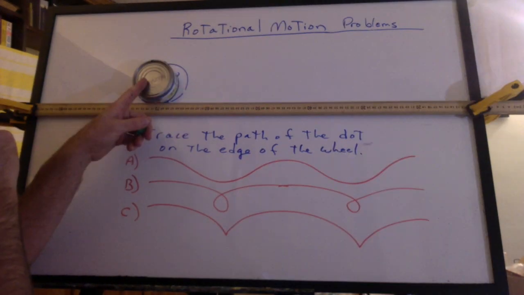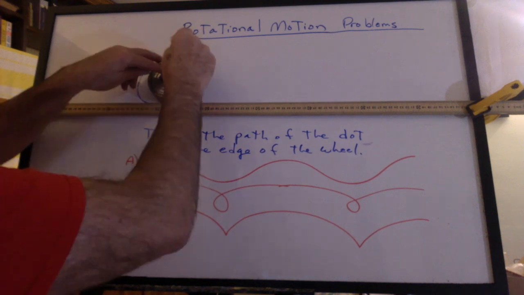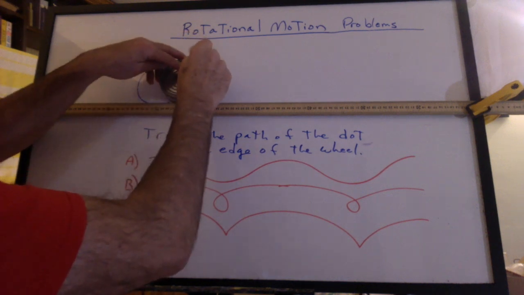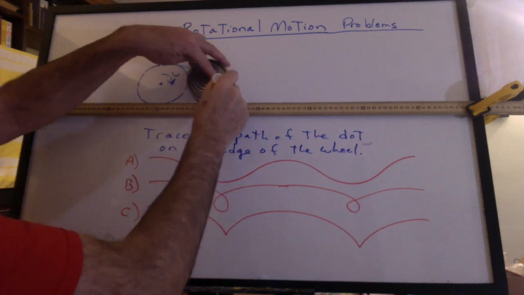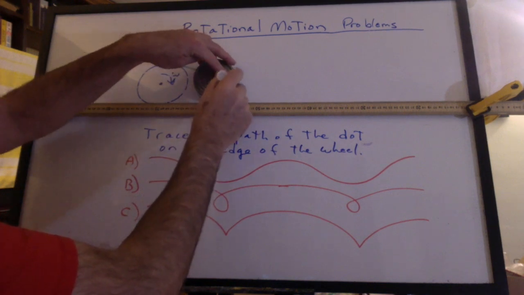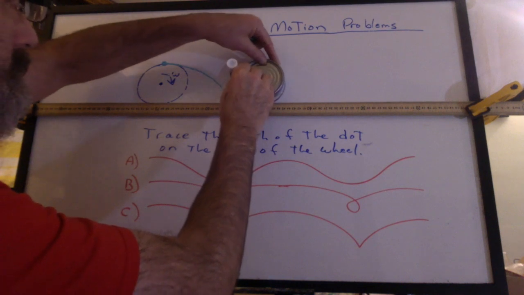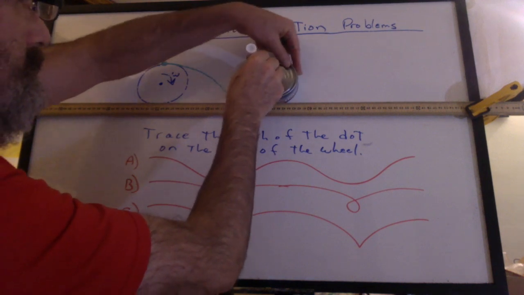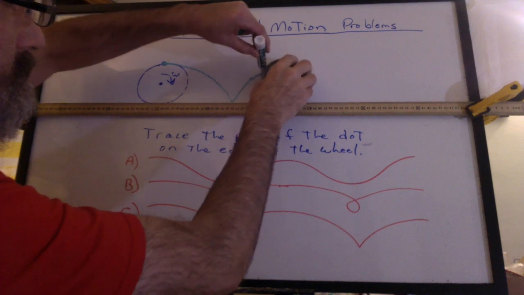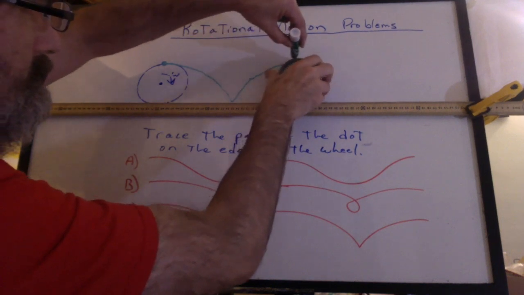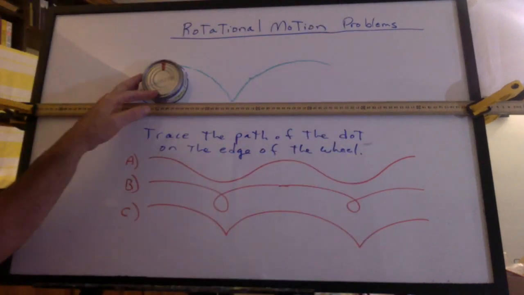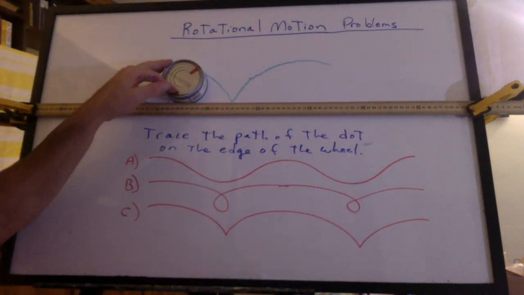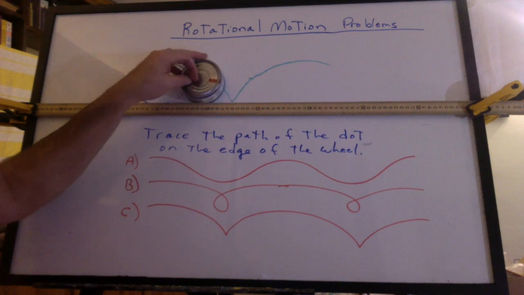Let's try rolling this tuna can across the board. Now you can see that the edge just traces that green line.